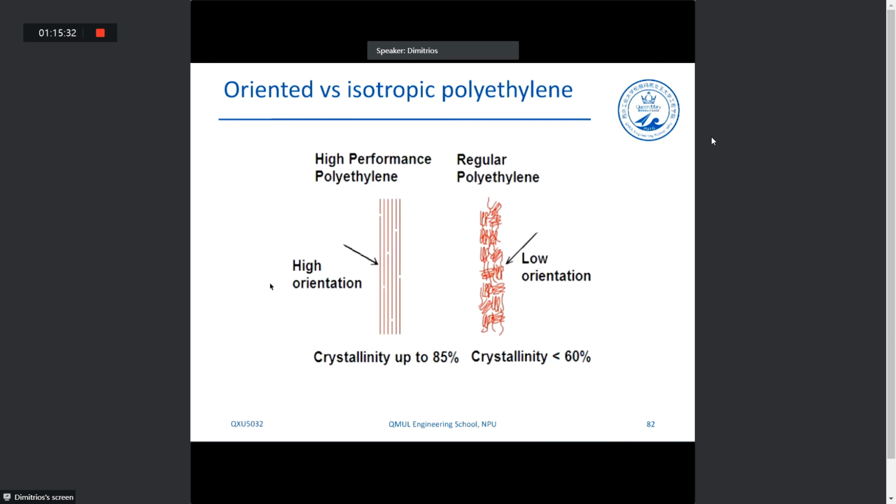So in this case, the crystallinity of highly oriented material can be up to 85%, while in the case of regular polyethylene, where it shows low orientation, the crystallinity is lower. The majority of the times it is around, I don't know, 35 to 45%, okay, for regular polyethylene. So you can realize that with double the crystallinity, we can have very pronouncedly increased properties such as mechanical properties, thermal conductivity, chemical stability, and so on. Okay.